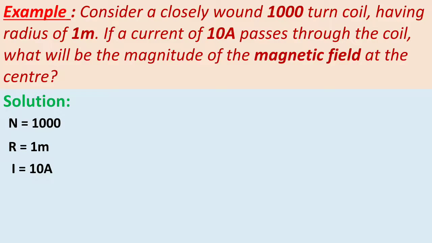So for the magnetic field at the center, which formula are we going to use? Yes, B is equal to mu naught Ni upon 2R. Now do we have the value of mu naught? No, we do not have it, but we know that mu naught is nothing but 4 pi into 10 raised to minus 7. So we can substitute the value. We have N with us, we have I with us, we have R with us.